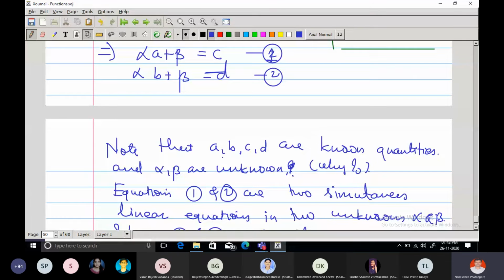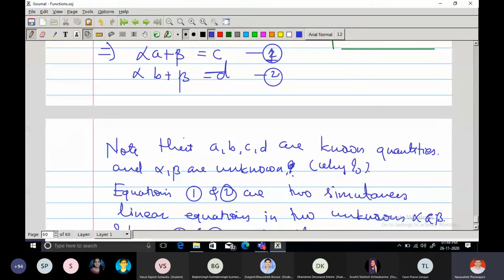That means multiply the first equation by B, the second equation by A, and subtract.